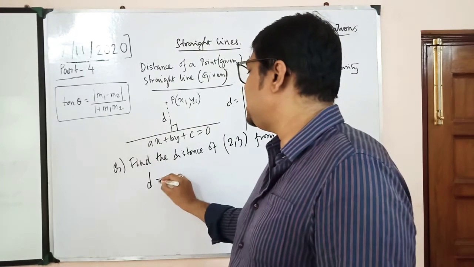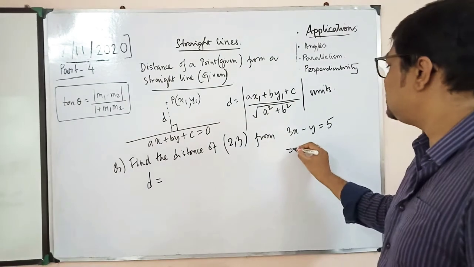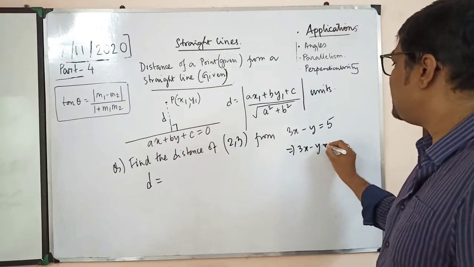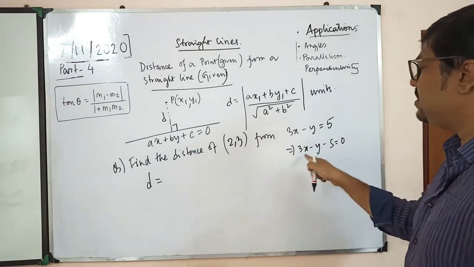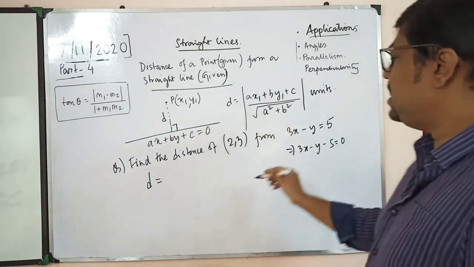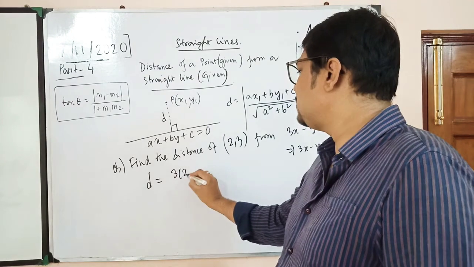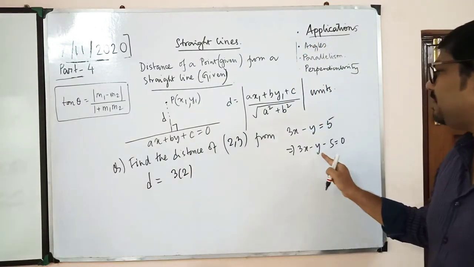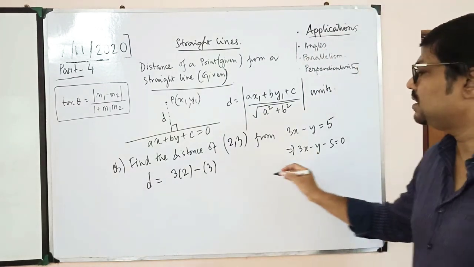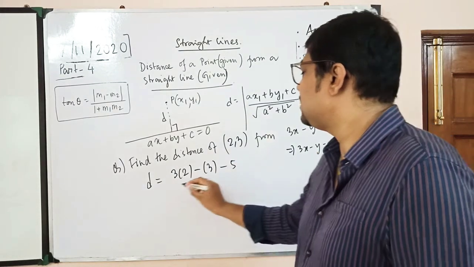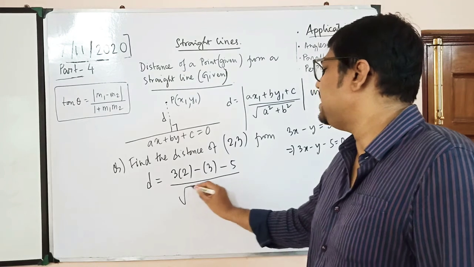The distance will be, first change this. This is 3x minus y minus 5 equals to 0. So put 2 and 3 over here. So 3 into 2, minus 3, the y value I put, minus 5, whole divided by root over a square plus b square.